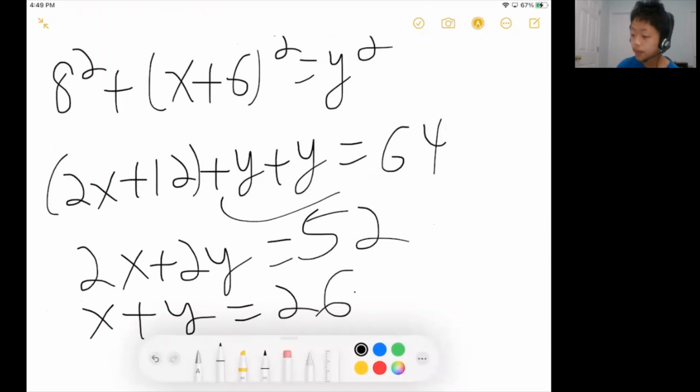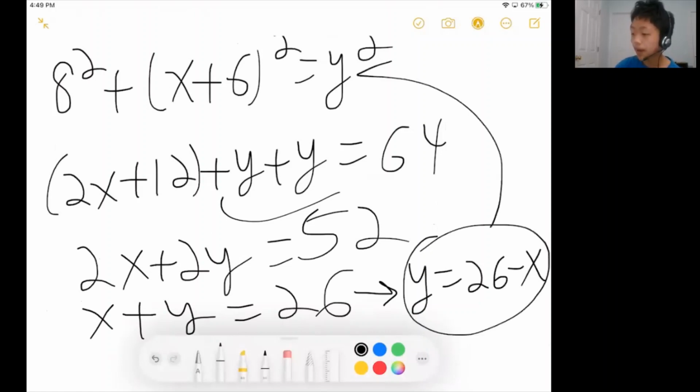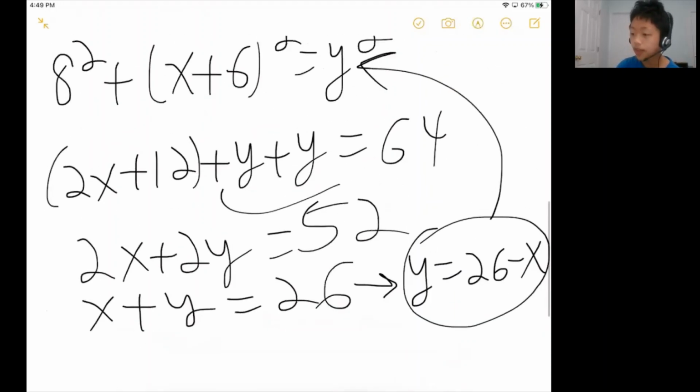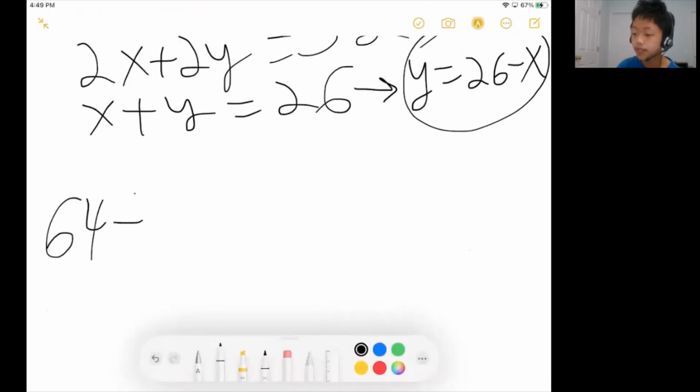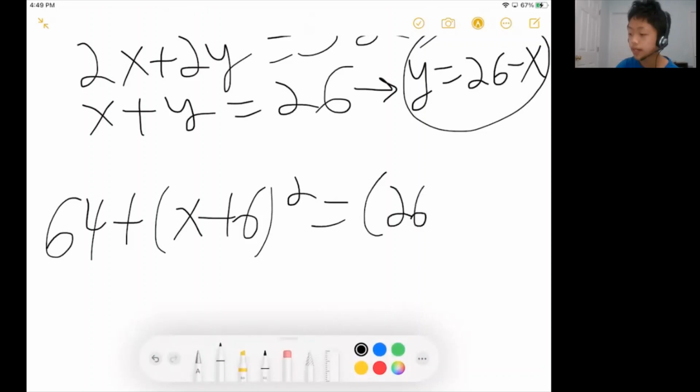So from here, I can see that y is equal to 26 minus x. And then I can take this and plug it back into the equation up here. On the left side, 8 squared is 64. Then you have (x plus 6) squared, and that has to equal y squared, which is (26 minus x) squared, right? Just by substitution.